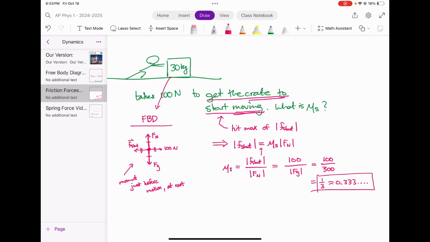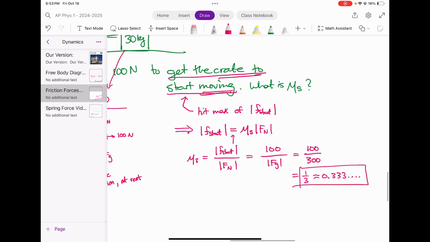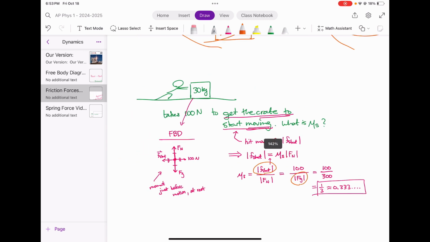Interesting. So the coefficient of static friction is actually pretty easy to calculate, it seems. You just take the amount of force required to get the object going, and then you just divide by, even without thinking about normal force, we're essentially dividing by the force of gravity of the object. Now, that's not always going to be the case.